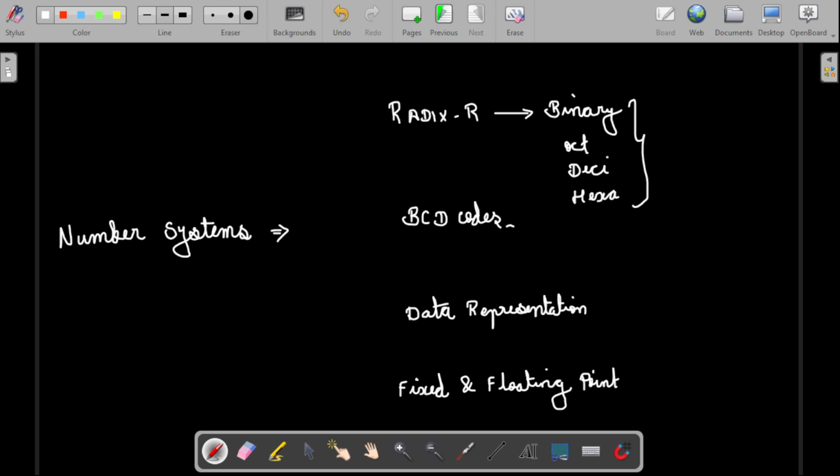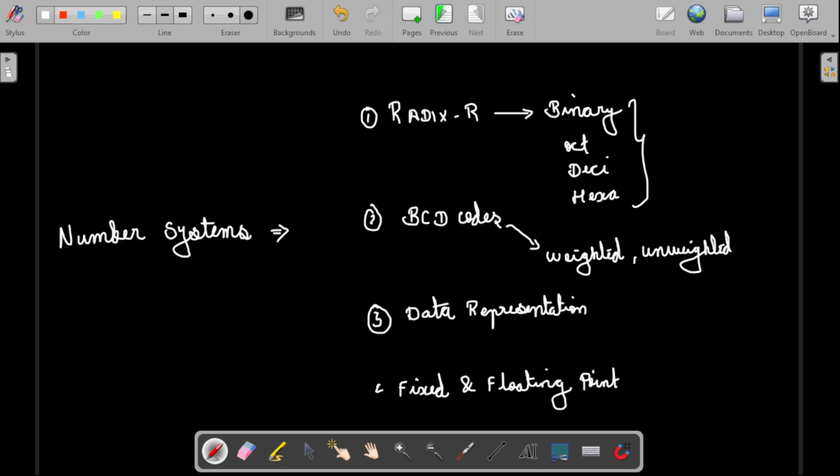The BCD topic is categorized as weighted and unweighted. We have two different things there. The rest are the same. Then data representation and fixed point we will also cover. So these are some four subtopics, and we will cover everything in detail.